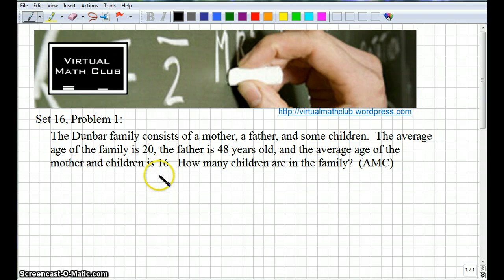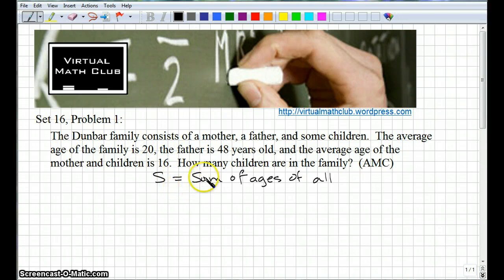I'm going to define a variable s to be the sum of the ages of all the family. Okay, so in order to calculate the average, I would take the sum of all the ages of everyone in the family and divide it by the number of people in the family.